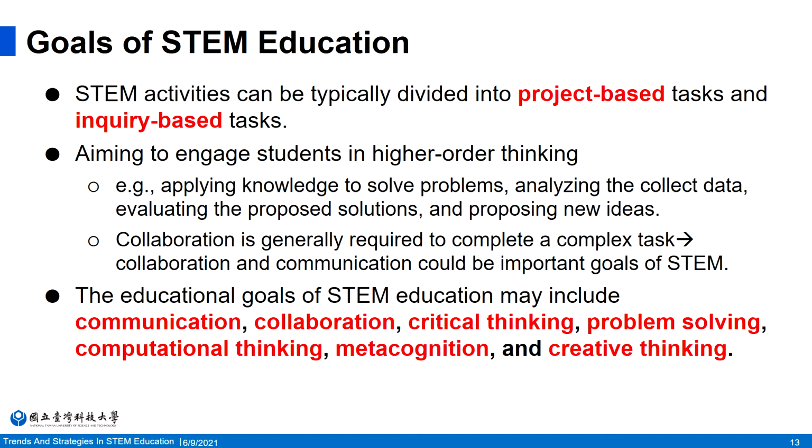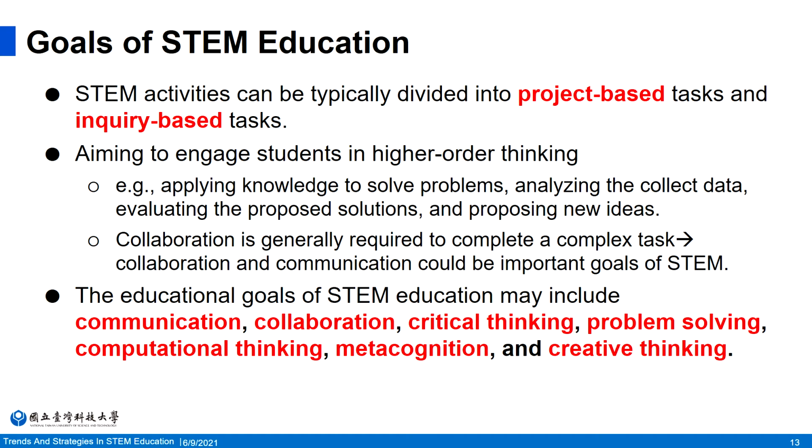Both types of activity aim to engage students in higher order thinking when they try to complete the learning task, such as applying knowledge to solve problems, analyzing the collected data, evaluating the proposed solution, or proposing new ideas. Also, it should be noted that collaboration is generally required for the student to complete a complex task.